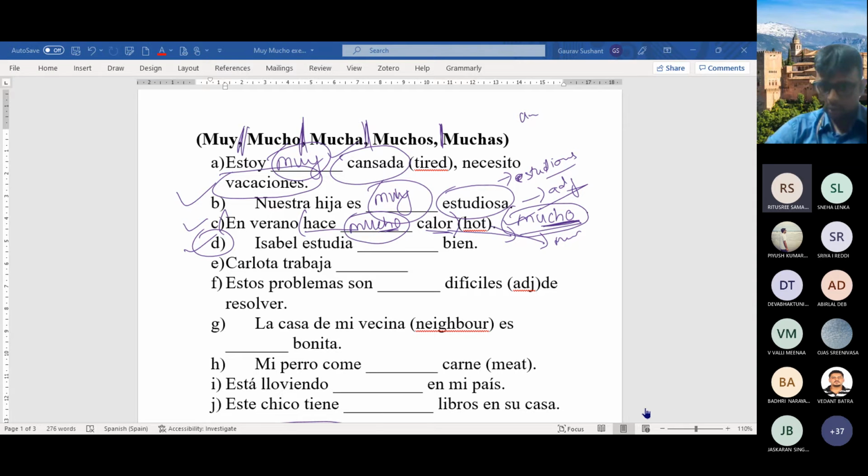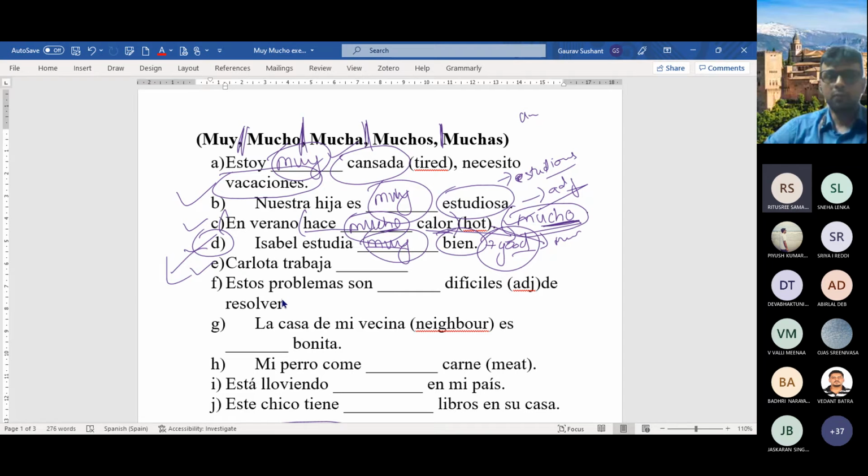Okay, Vanshika, can you try number D? Yes, sir. Isabel estudia muy bien. Bien is good, an adjective which is not measurable in any unit. So I should use muy here, not mucho bien.